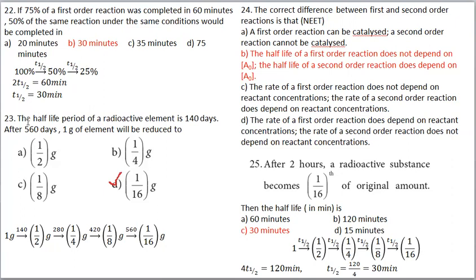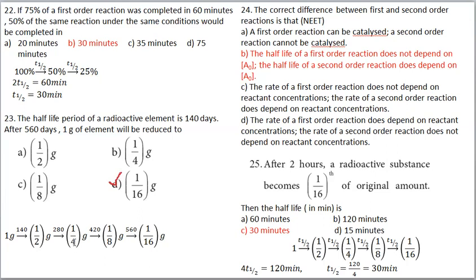Okay. The next question, 23. The half-life period of a radioactive element is 140 days. After 560 days, 1 gram of the element will be reduced to how much? Initial quantity is 1 gram. After T half, that means 140 days, half of this value remains, 1 by 2 gram. Again one more T half, that means totally 280 days, half of this value, 1 by 4 remains.